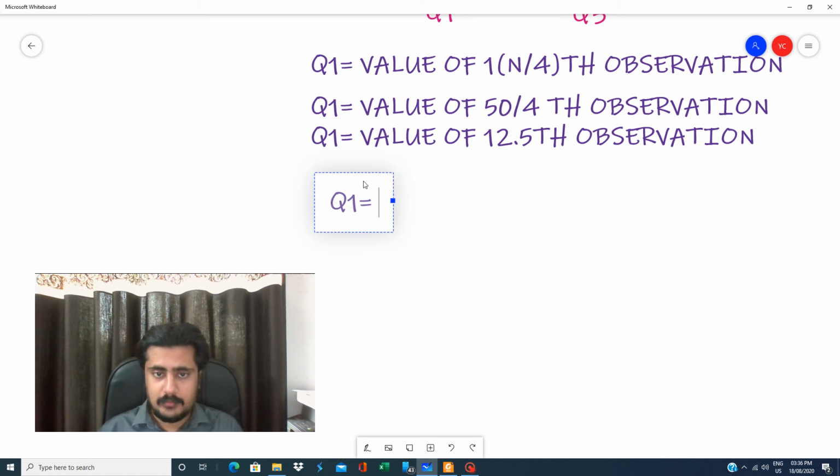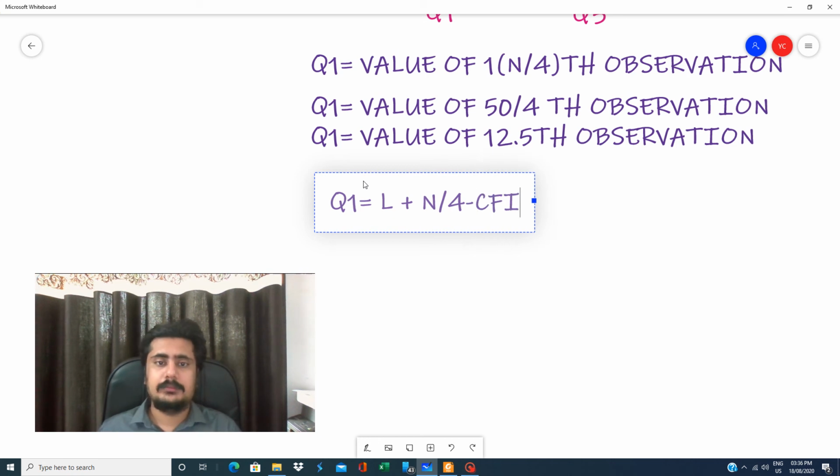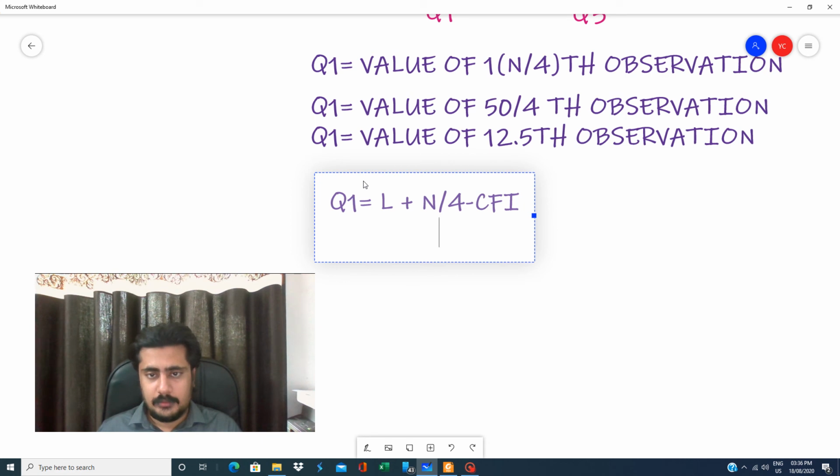Q1 is equal to L plus n by 4 minus CFI upon Fi into C, where C is the class length.